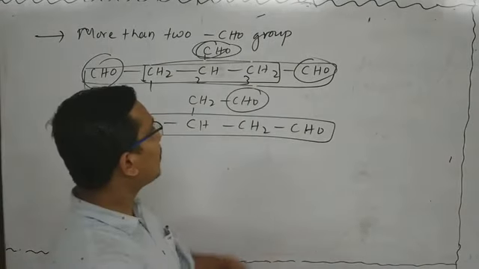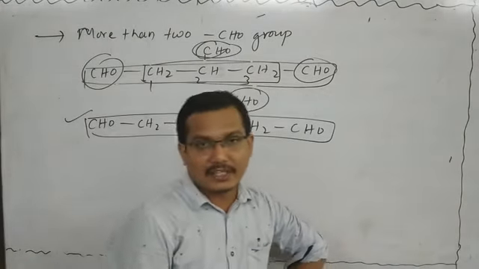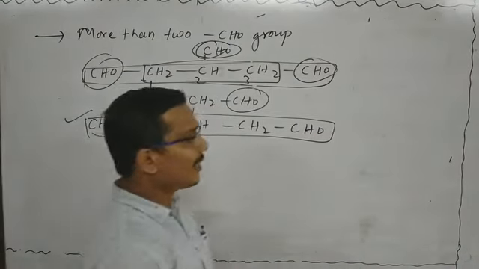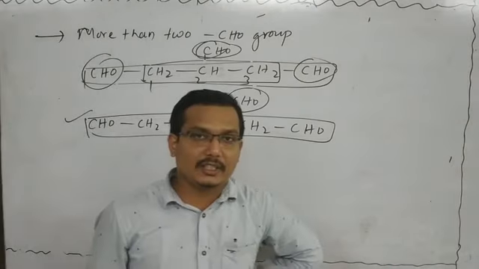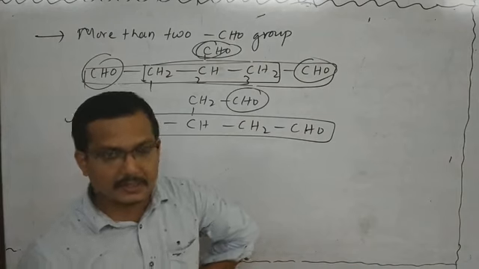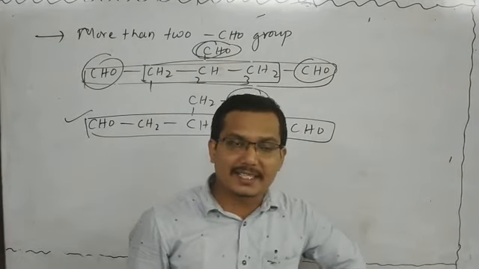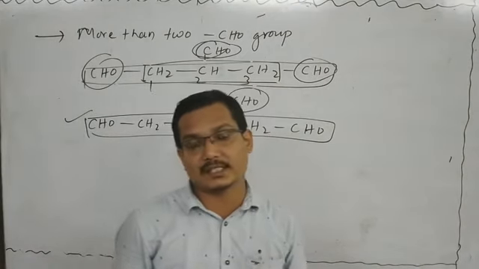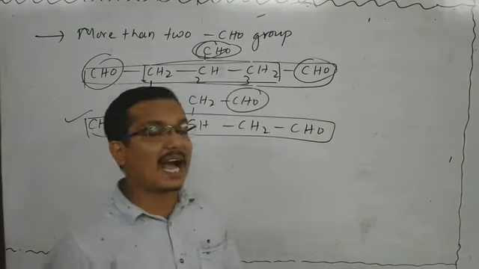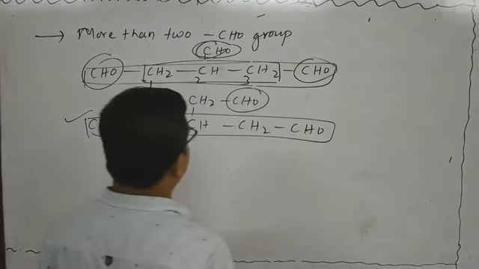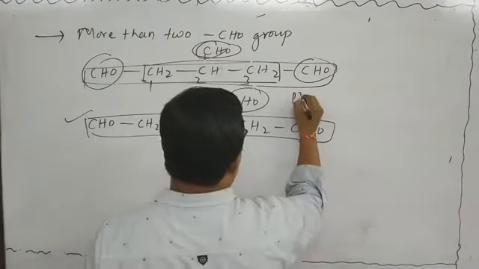For such a compound, we generally use a special suffix. We know that for CHO we generally use -al as the suffix and formyl as the prefix. But for such a compound, we use the special suffix carbaldehyde. So what will be the name of this compound? Propane: 1, 2, 3.